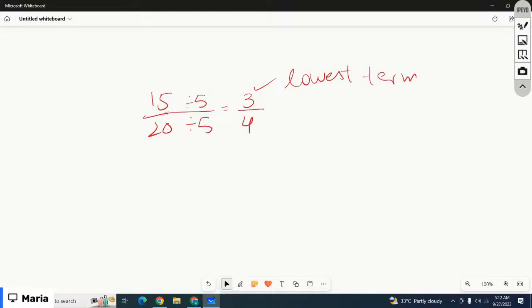That means if the fraction has a common number that can divide both numerator and denominator, you have to divide them by the common number. So lowest term means the numerator and denominator have no common factor other than 1.